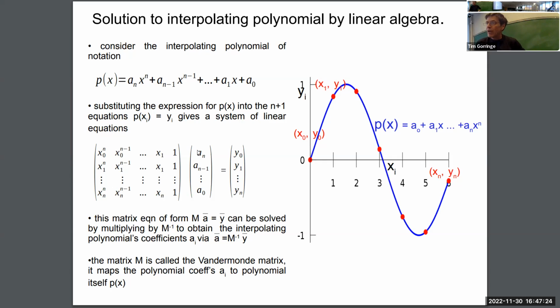So you can imagine if you took this column vector A, and you multiply the top row by that vector A, then that's going to give you y0. So that represents this data point here. If you take this column vector A, and you multiply the second row in this matrix, then that will give you the y value of this point here.